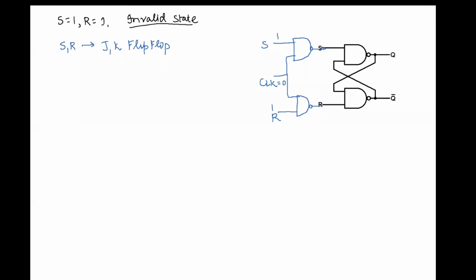When this is 1, this is 1, this is going to be 0, and this is going to be 0. In a NAND gate, if any input is 0, the output is 1, so this is equal to 1. So 1 0 1, 1 0 1. Here it gets stuck in this particular state, which is undesired. Why is it undesired? Because both outputs should be complementary in nature, but here both are 1. So they are violating that.